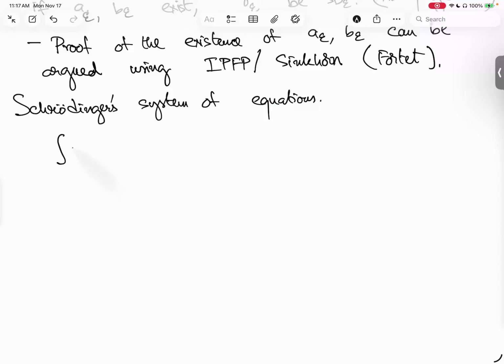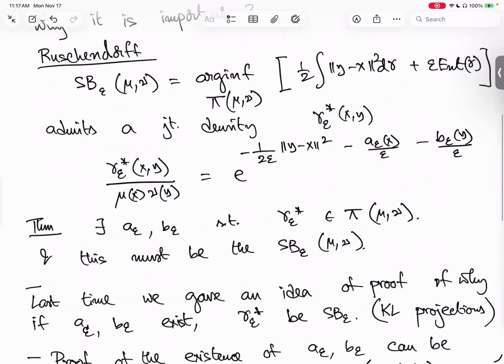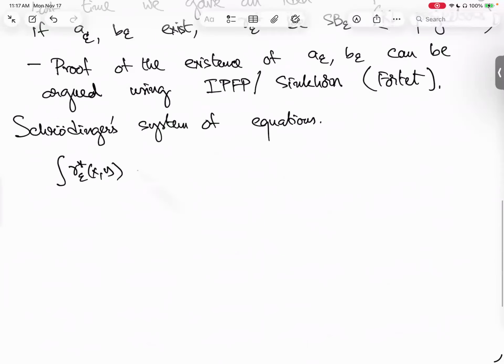So we have that gamma epsilon star of x, y, it's here. This is the density. And then when integrated with respect to dy, I would get mu of x. And gamma epsilon star of x, y integrated with respect to x would give me nu of y.